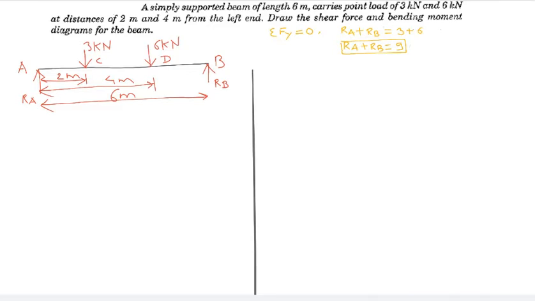Then the next condition for equilibrium is summation of moments at any point will be equal to 0. So let us take summation of moments at A, that will be equal to 0 for equilibrium. Let us calculate it.